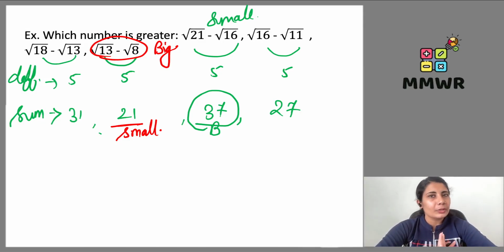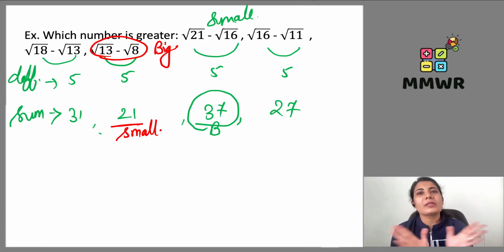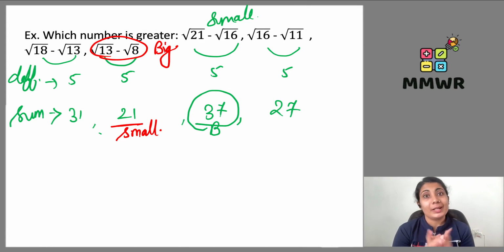Among all these numbers, root 13 minus root 8 is bigger, and root 21 minus root 16 is smaller. I hope it's easy to understand and easy to apply. With the help of the shortcut trick, we get the answer in 2 lines. But we have to remember the reason why we declare the bigger one as smaller and the smaller sum as big.